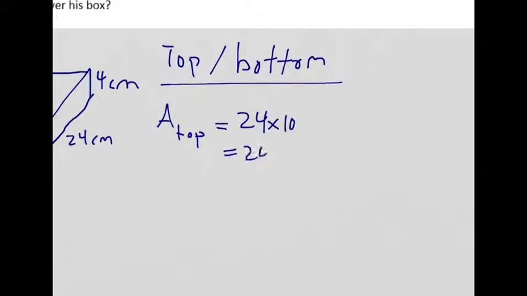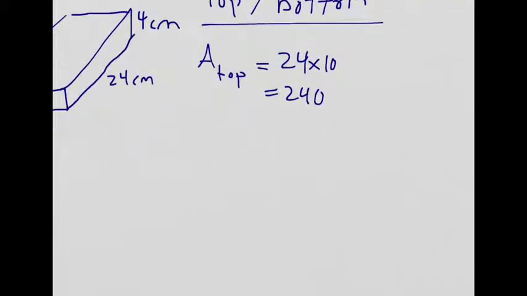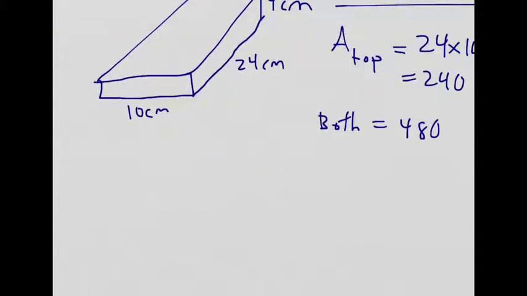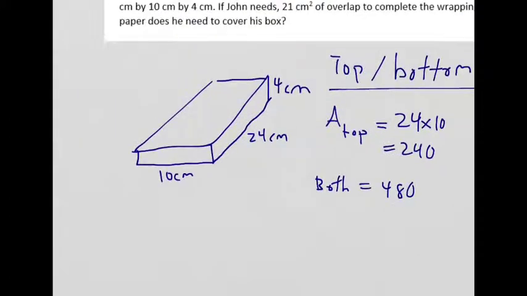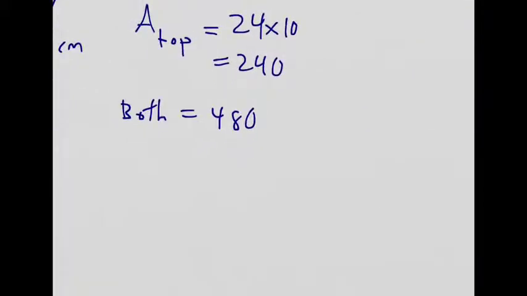That's 240. And then both of them added together? 480. What's the 10 from? Right here. The top of the box is 24 long, 10 wide. So 24 times 10.